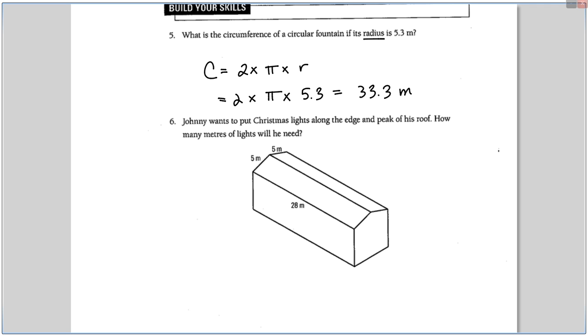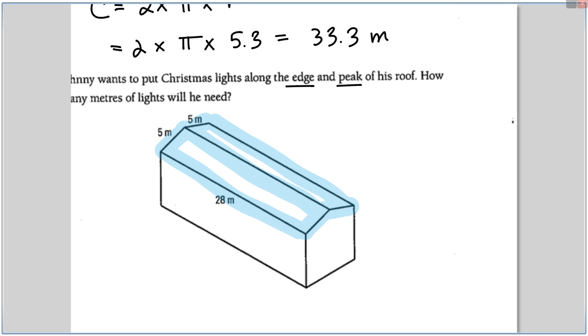Okay, Johnny wants to put Christmas lights along the edge and peak of his roof. So make sure you read the question properly. Edge and peak. So I'll just use my highlighter. Edge and peak of the roof, it said. So you'd put the Christmas lights like that. So this is 5, this is 5, this is 5, this is 5. It's a symmetric roof.